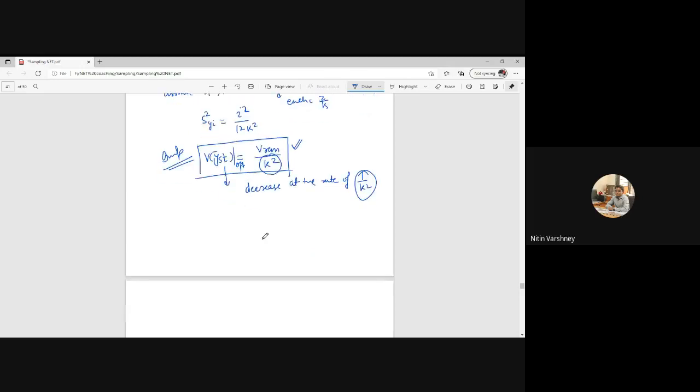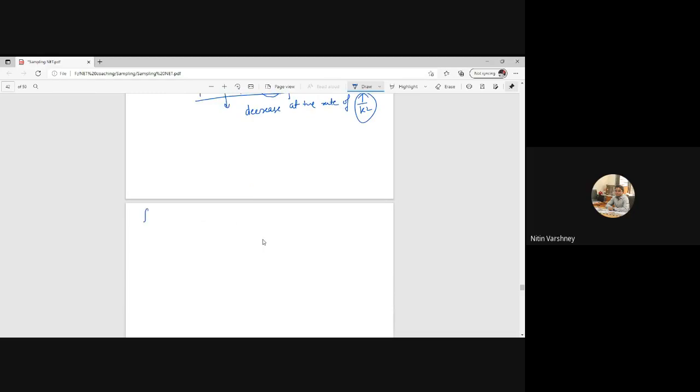Now for the cost function portion, for determining the optimum number of strata from the point of view of cost. We will consider a cost function C is equal to C0 plus k C1 plus n C2. This is my cost function.